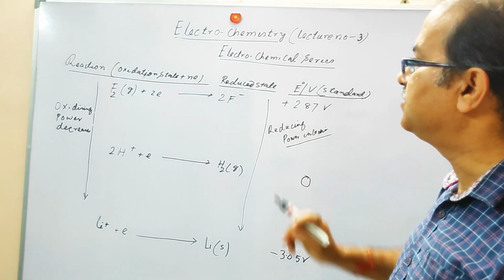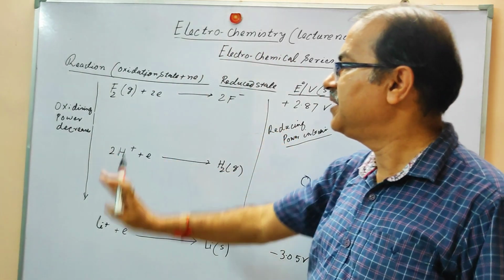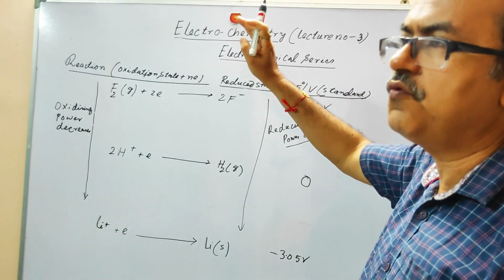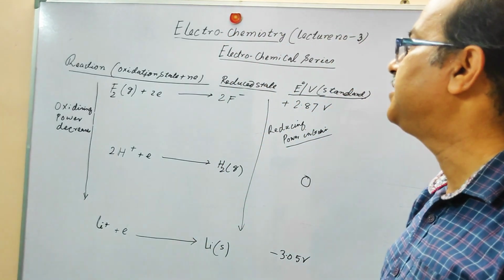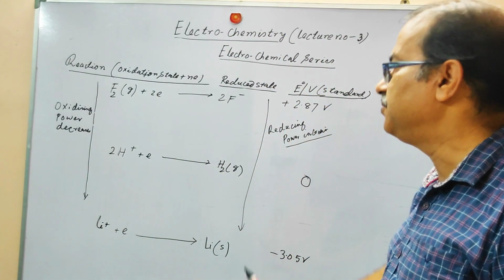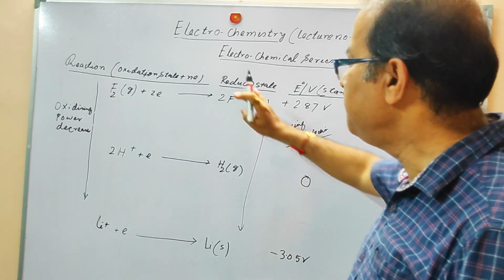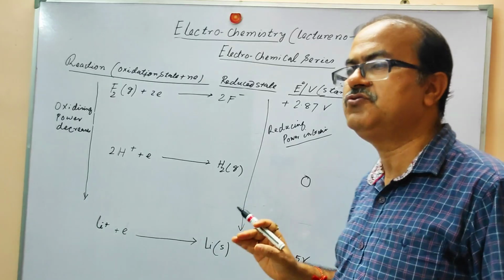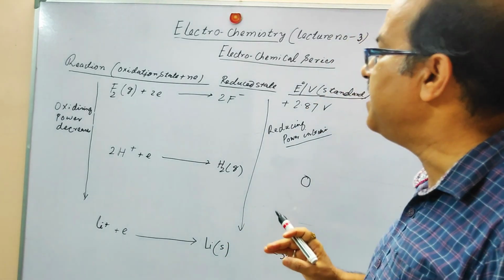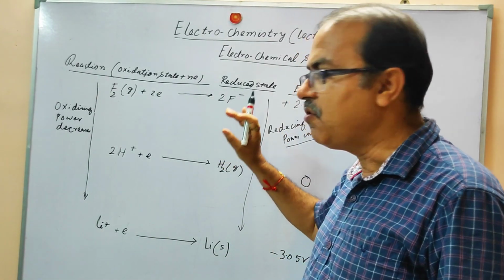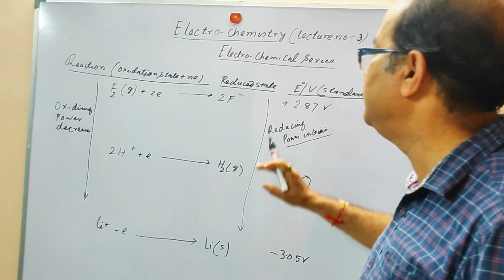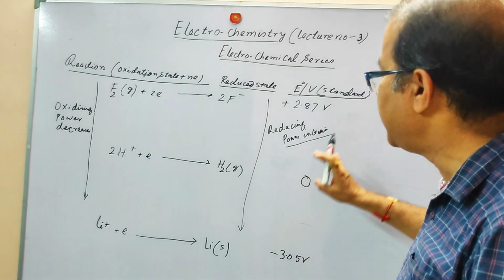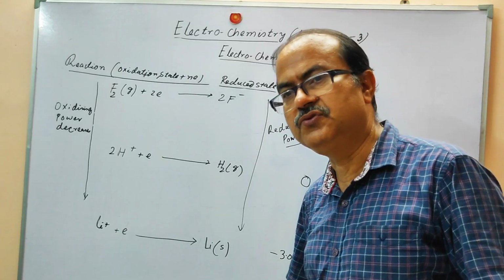So two things that we observe. On the left hand side we can see the oxidation power decreases as we go from the top to the bottom of the series. In between there are different elements, and on the basis of their behavior, the electrode potential will be as we have understood.